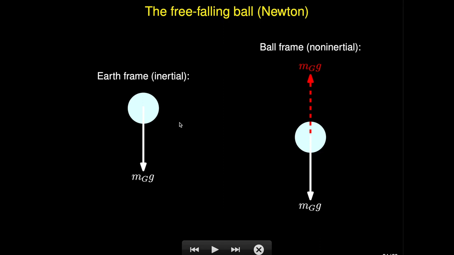In the Earth frame, if you imagine this falling ball, or in fact, if you go to the ball frame, imagine you're falling with the ball, or even just imagine that you are the ball. Supposedly then there is the force of gravity acting down on you, and there's this fictitious force acting up the way. But here's the question. If you are falling, could you actually feel either of those forces? Could you actually feel anything?